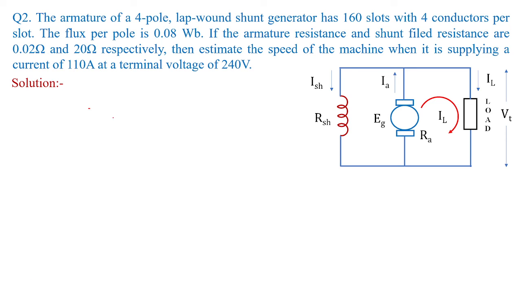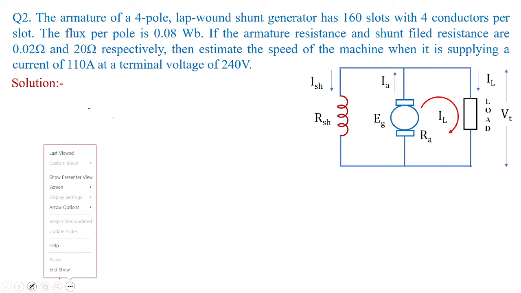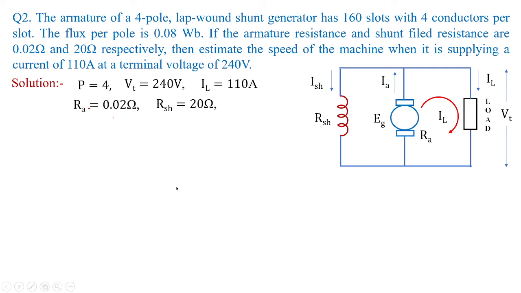Now let us see the data which is given: number of poles is 4, terminal voltage is 240, load current is 110 amperes, armature resistance 0.02 ohms, shunt field resistance 20 ohms.